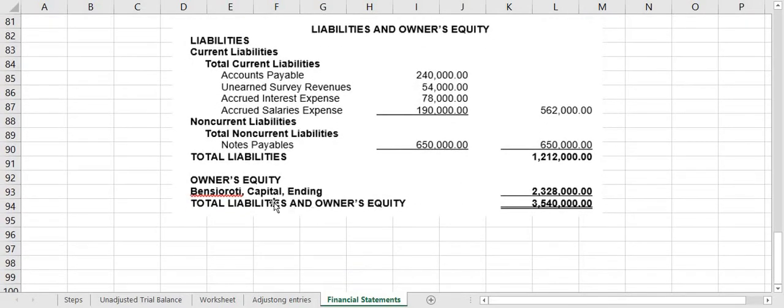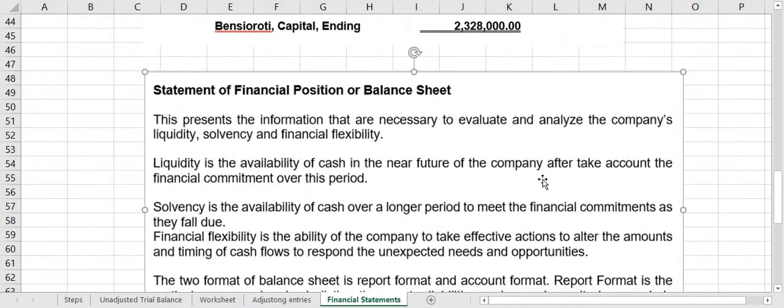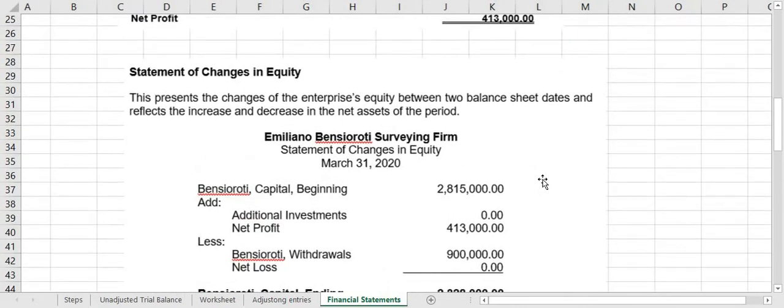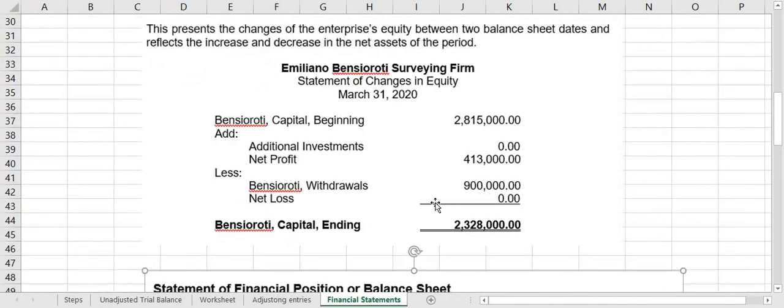Ayan. Now, for the owner's equity naman, the Bensurati capital na amount na magre-reflect sa ating balance sheet would be the amount from the above statement of changes in equity. So, the ending balance of Bensurati capital na 2,328,000.